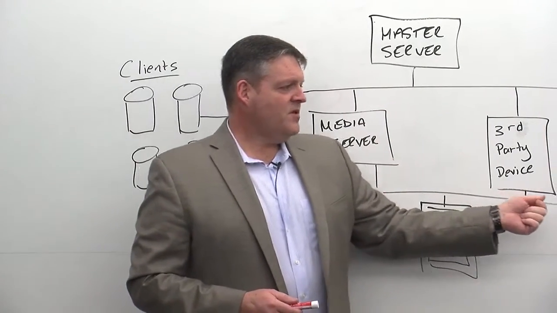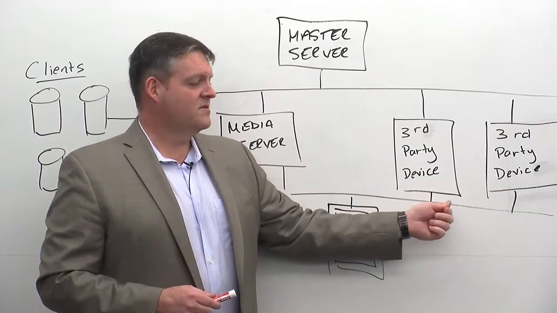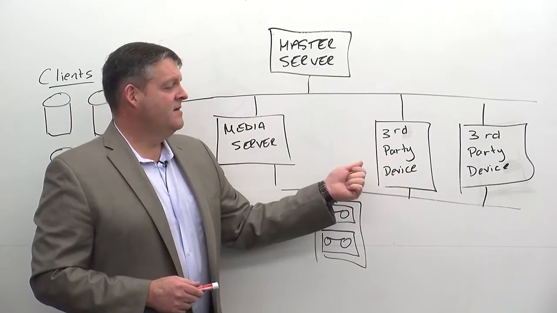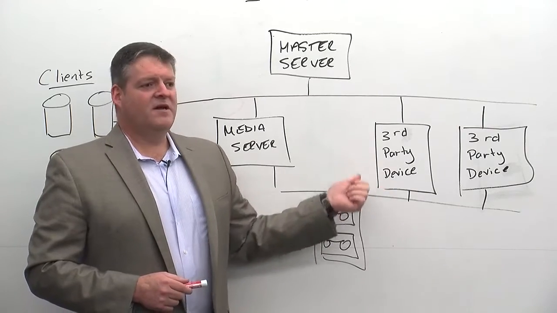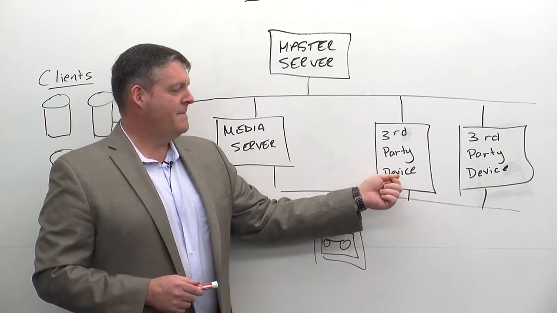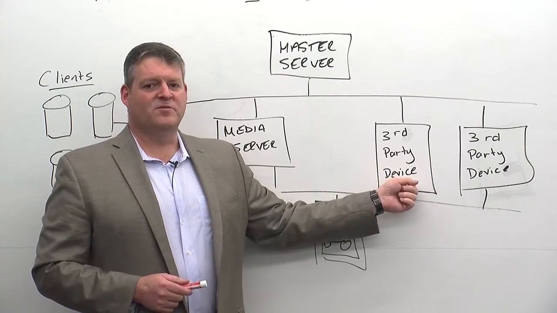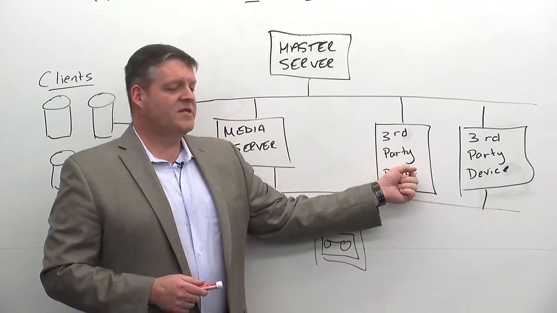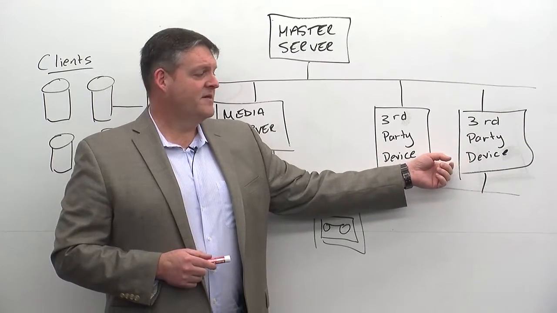So third-party devices and our devices are getting very complex. There's a lot of things they can do. Most of them can natively dedupe now. So whether you're writing into storage or into tape, there are a lot of things they can do. And in the case of some of our larger partners, not only can they dedupe the images when written onto the disk, but they can replicate them for disaster recovery purposes, much like our own appliances.